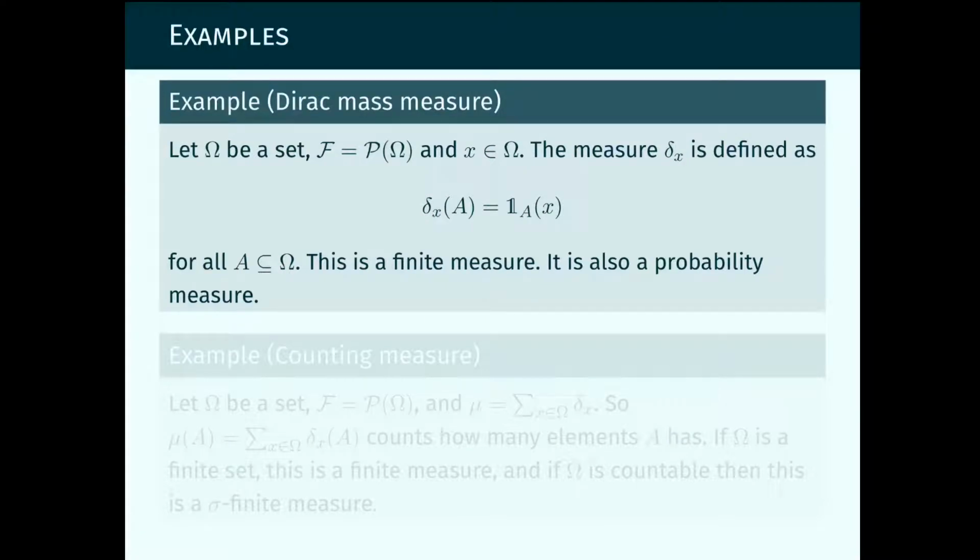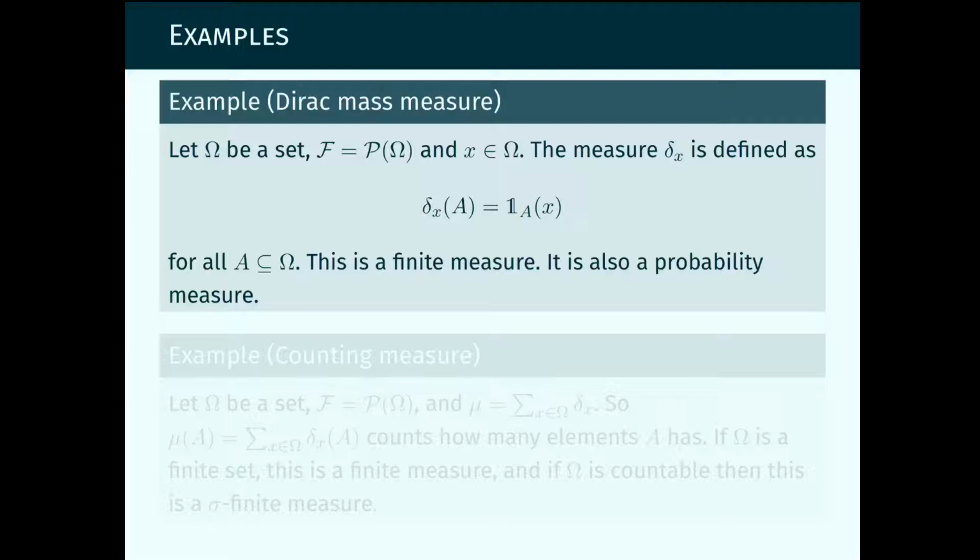Here is a very simple example of a measure. It's called the Dirac mass measure, named after Dirac, and it's the following. For a given sample space, we can take the sigma algebra to be the family of all subsets of the sample space omega, it does not matter, and let's fix a point x in the sample space.